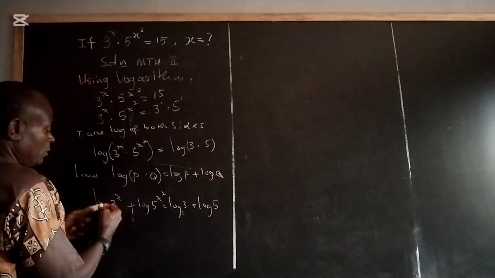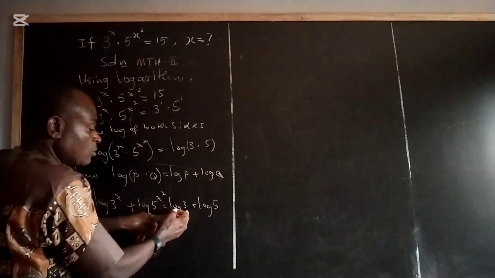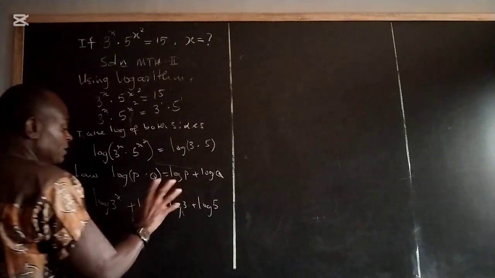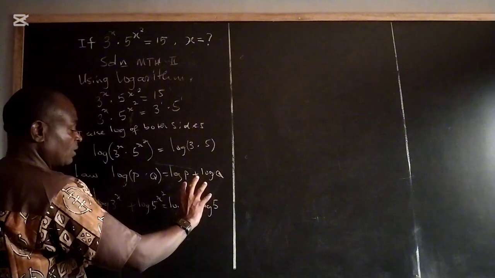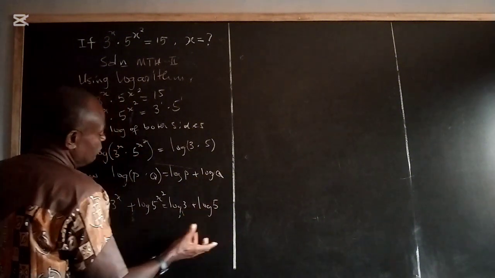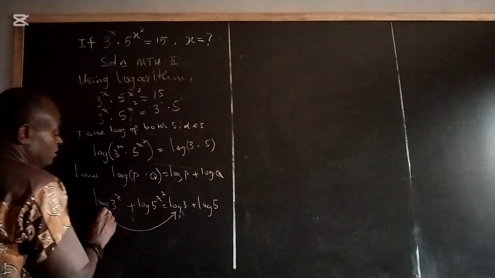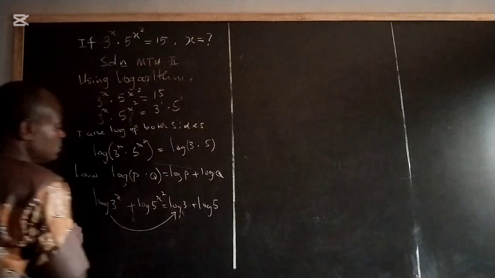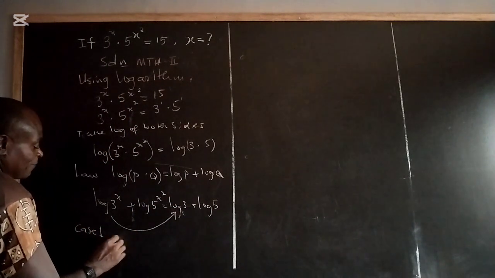What it means is that the left-hand side of the equation looks more comparable with the right-hand side of the equation. So for case 1, we equate log 3 raised to power x to log 3. So if we do that, that's going to be our case 1.